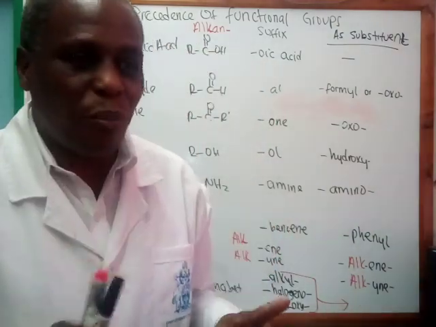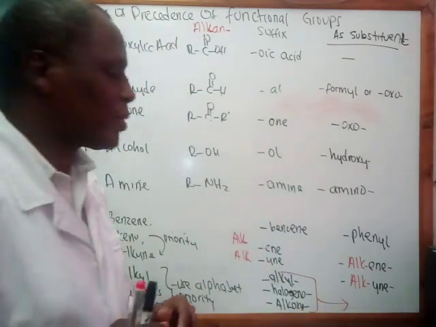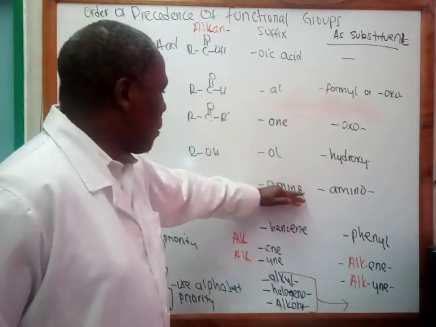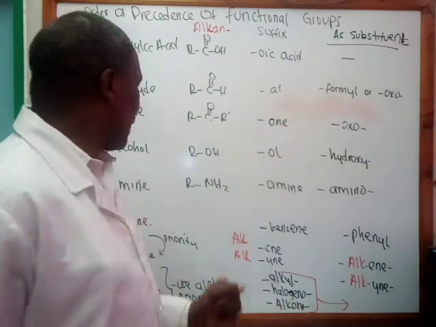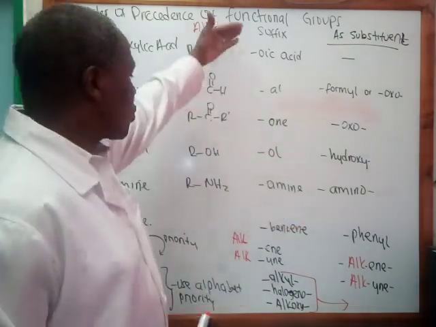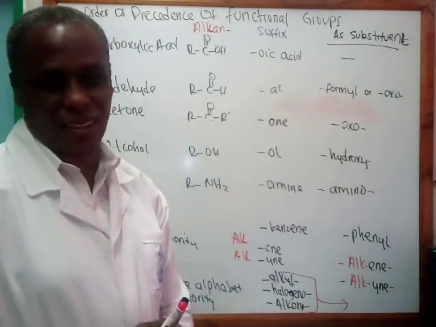Now, the new information here, which I want you to notice, is that there is the amine, alcohol, ketone, aldehyde, and carboxylic acid. Sometimes you can have those structures containing a benzene structure.